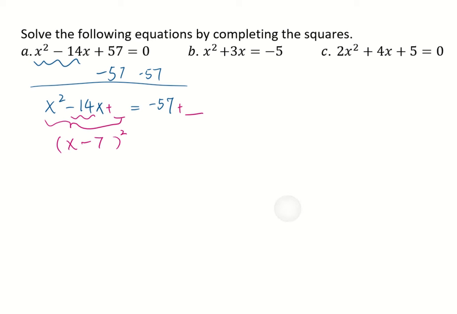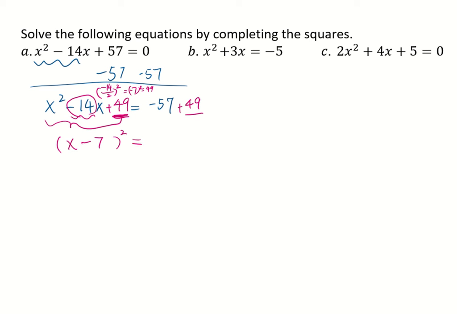What is this number? Well, we can find this number by looking at the middle number, negative 14, divided by 2, and then square it, which is negative 7 squared, which is 49. So we will add 49 on both sides.